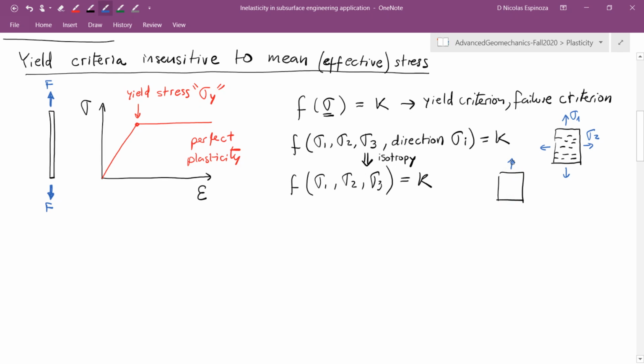So let me find a smarter way actually to label this: sigma y1 and sigma y2. Okay, so now in this case, the yield stress is going to be the same in all directions.